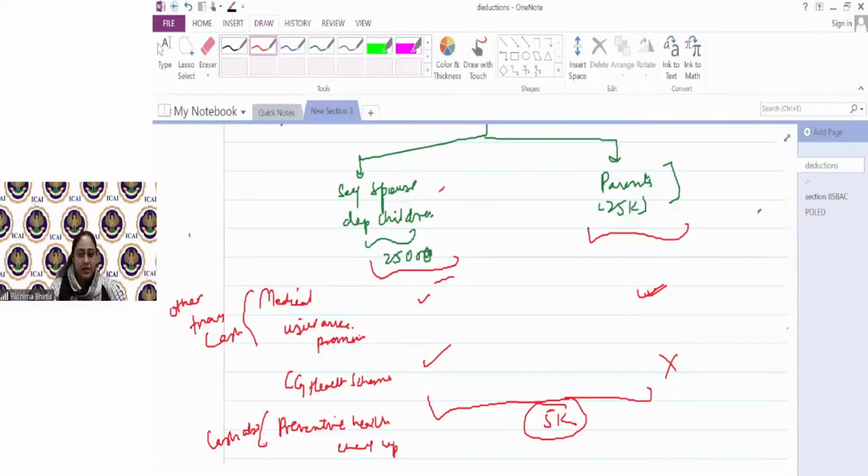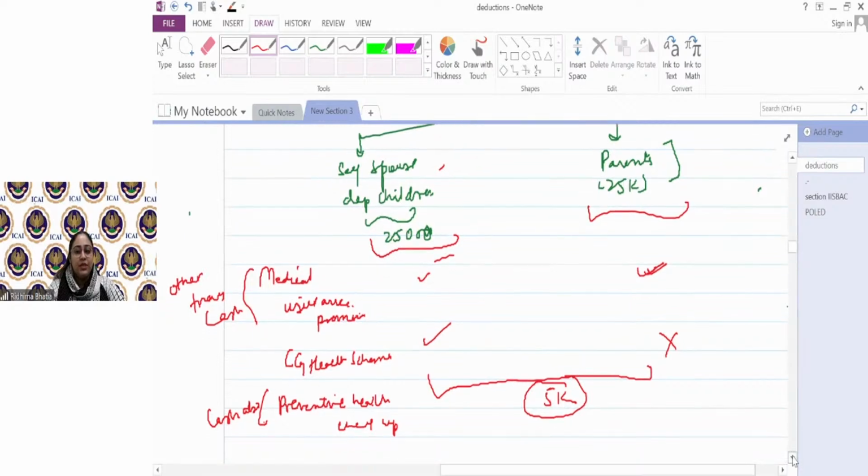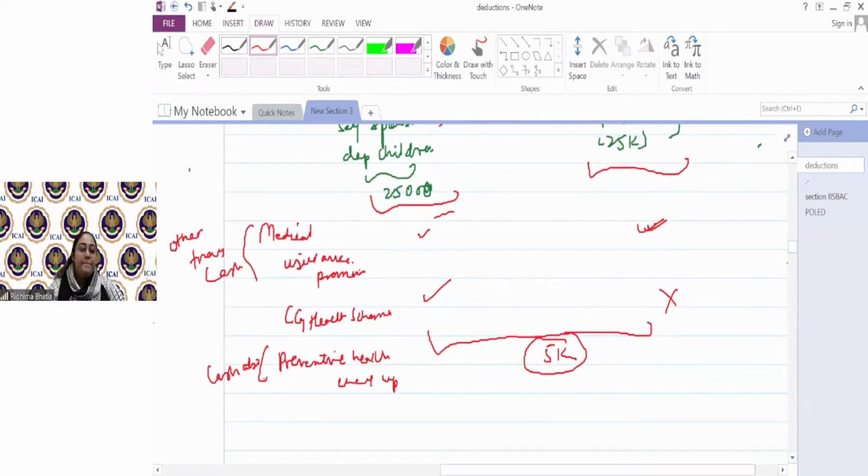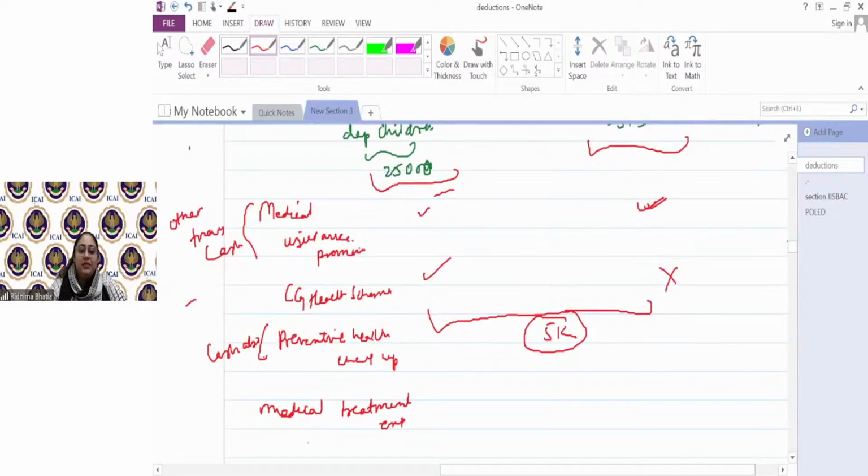And last thing, which is not written anywhere, but which is allowed as deduction is medical treatment expense. Everyone, please focus here. Guys, this is not for anyone. This is only for the medical treatment expense of a senior citizen not having insurance.